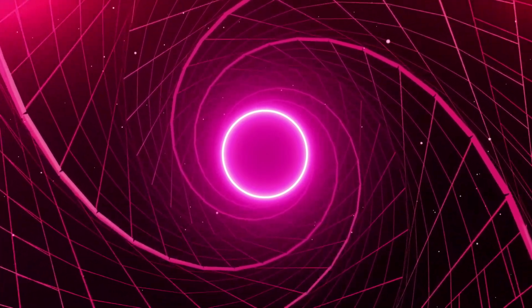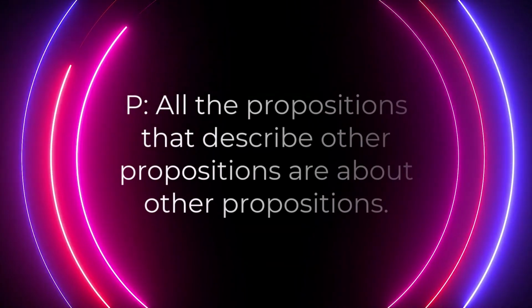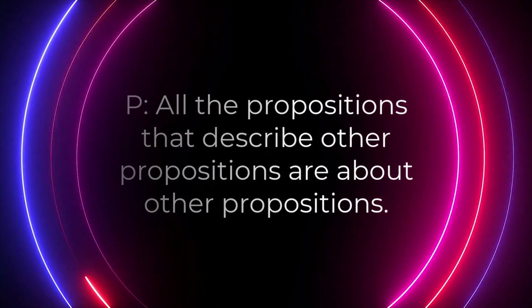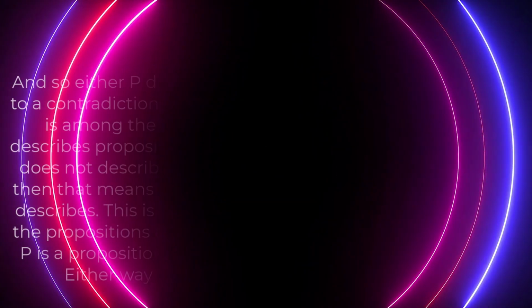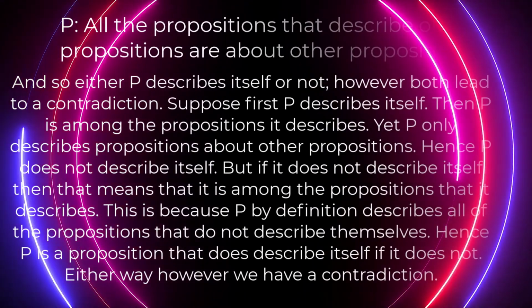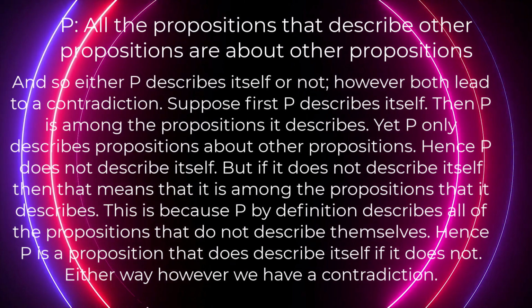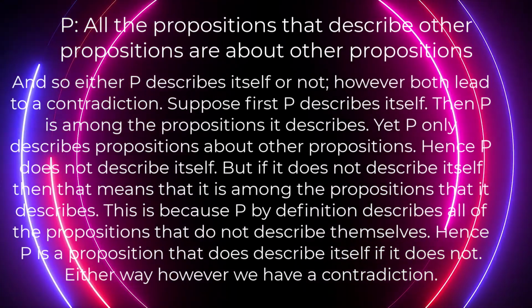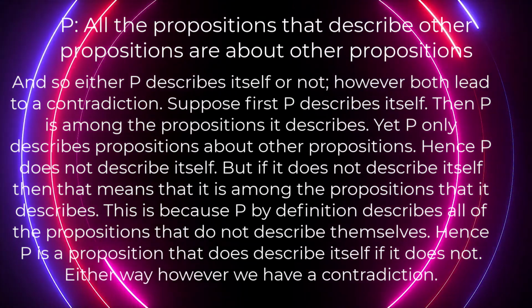It goes like this. Consider the following proposition, P: all the propositions that describe other propositions are about other propositions. And so either P describes itself or not. However, both lead to a contradiction. Suppose first P describes itself, then P is among the propositions it describes.